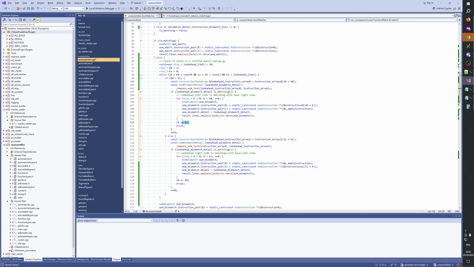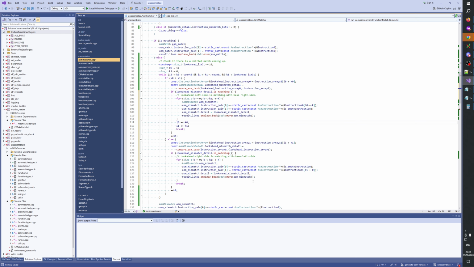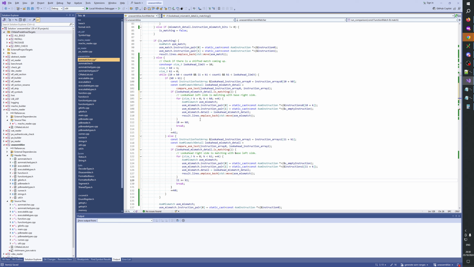Good, and so now we need to sort out this one. If left side is matching, look ahead, left side is matching base right side. So here we add those instructions. And then we count, so this is also wrong. So here we need to count this, and here we need to do this. Because we took those instructions from the left side, we need to increment this side as well, and here this side.